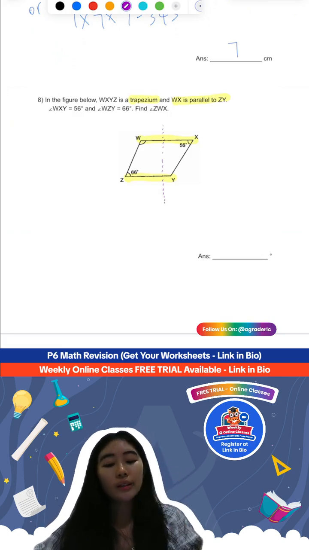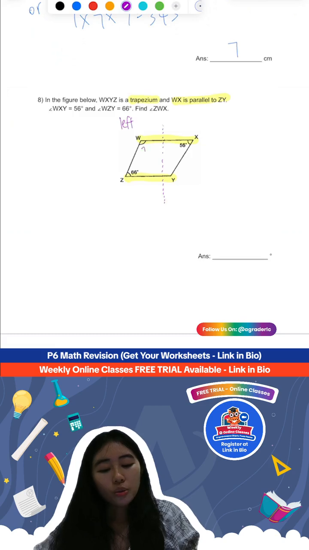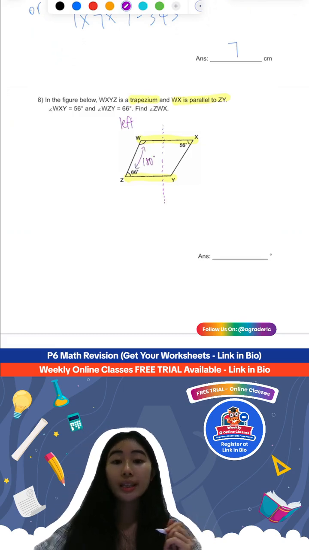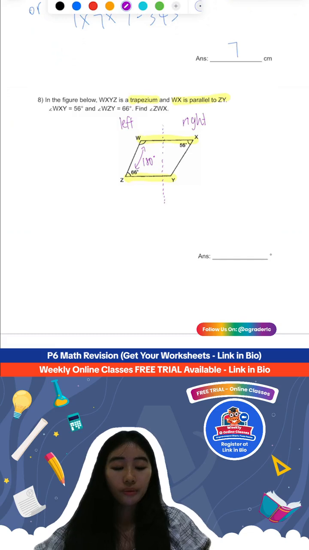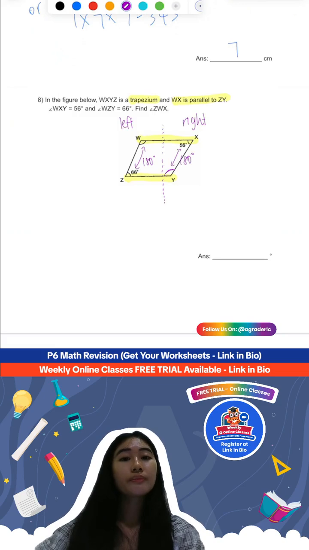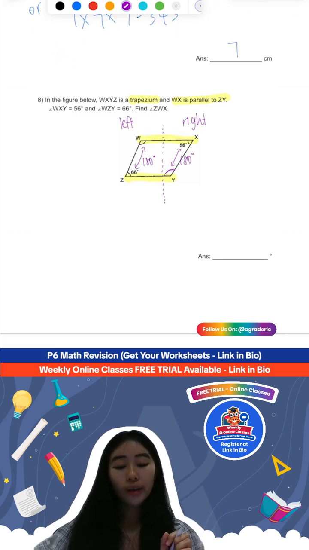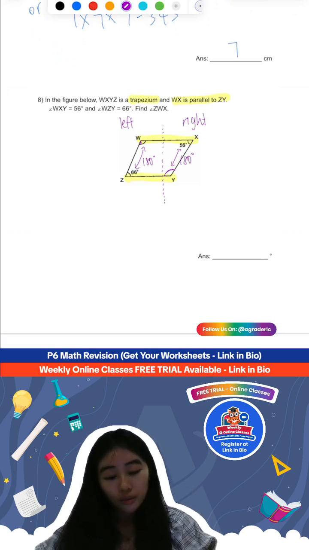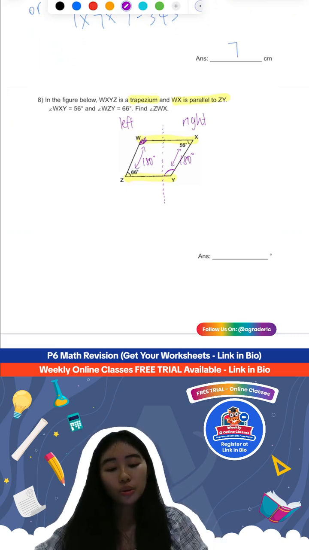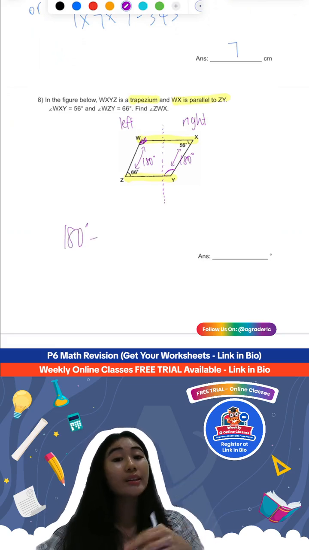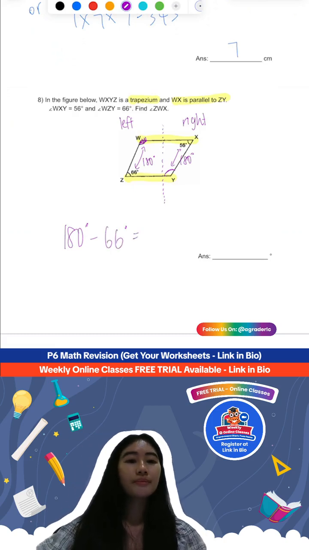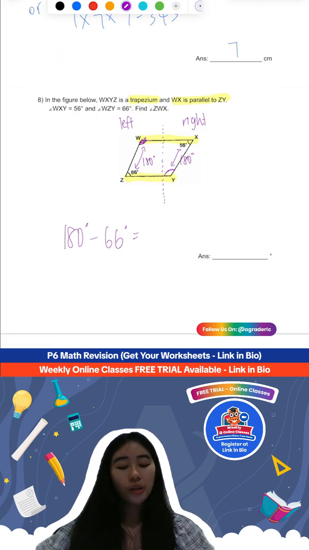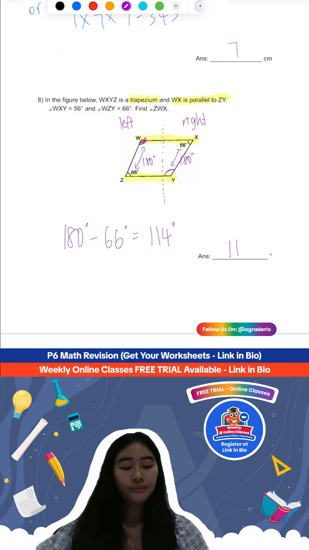Because on the left side of the trapezium, these two angles have to add up to 180. And then on the right side of the trapezium, which is here, these two angles have to add up to 180 as well. Okay, so the angle that I'm trying to find is on the left side. All I need to do is to use 180 minus the other angle on the left side, which is 66 degrees. Yeah, so you are supposed to get 114 as the answer.